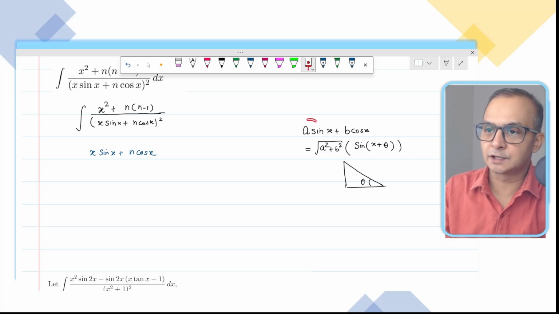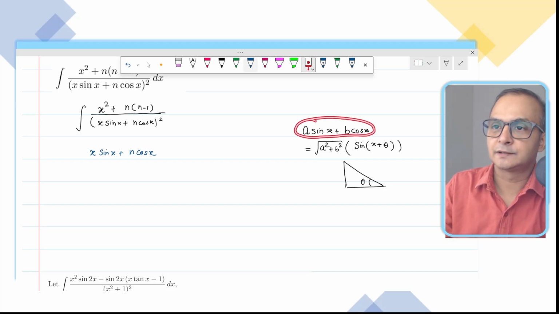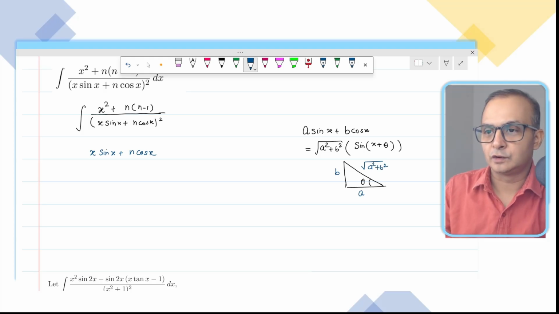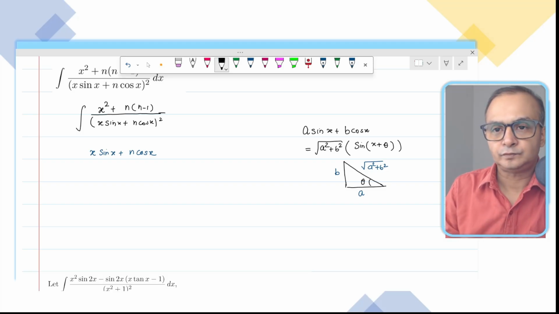Then only it will be constructed as sin(x plus theta). So I'm calling the base a, the perpendicular b, and the hypotenuse square root of a squared plus b squared. So you can know how to do it.